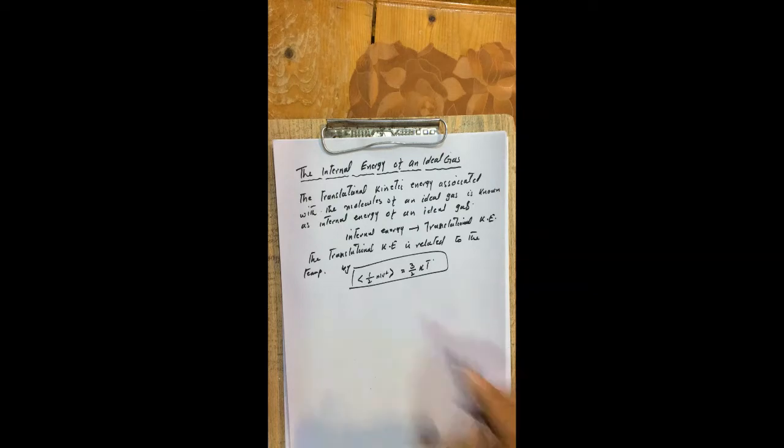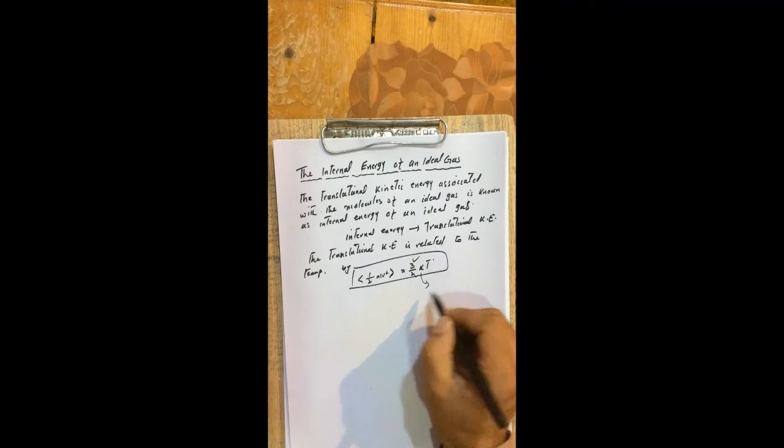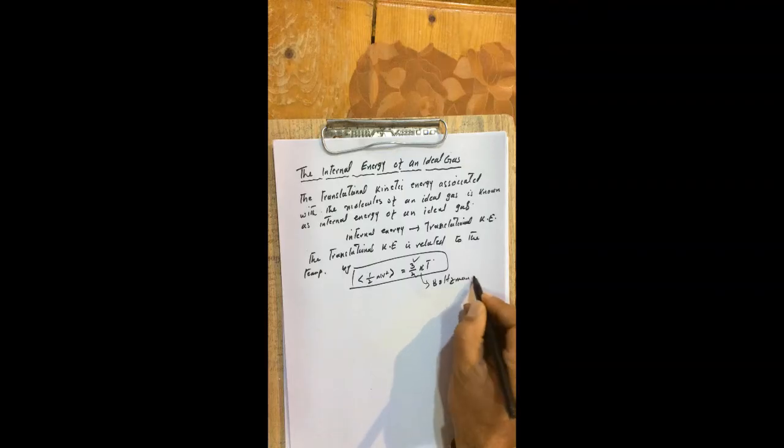Now here, the 3 is constant, the 2 is constant, and this k is the Boltzmann constant.